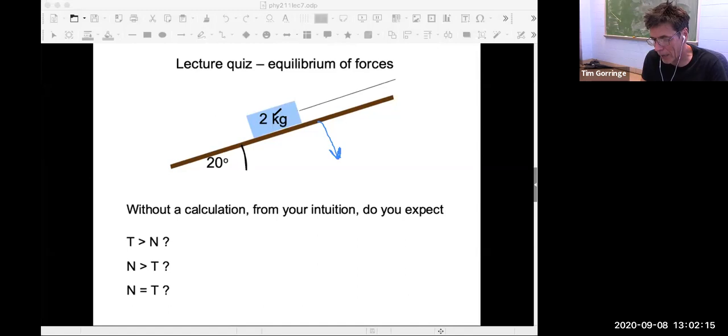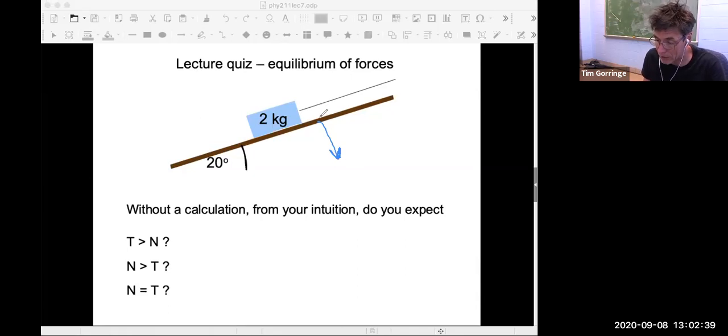Then you can probably imagine what's supporting the block. It would just look like the block on a table. If we make this angle almost 0 degrees, it's supported by the normal force, as we discussed earlier, and there's no need for the string.